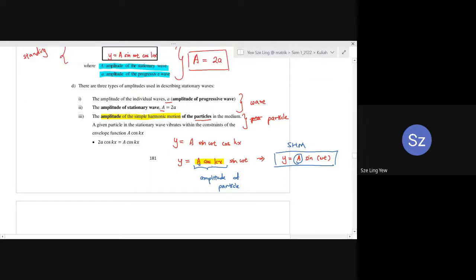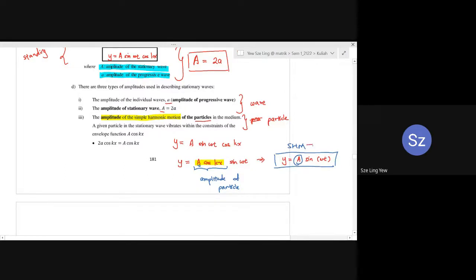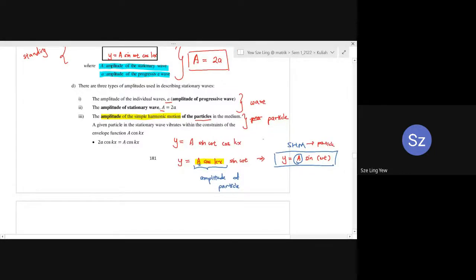Therefore, we say A cos kx is the amplitude of particle. Okay, we use simple harmonic motion to describe what happens to particles in a stationary wave. Therefore, when you compare these two equations, you will see that A cos kx is actually the amplitude of particles. Right? So three types of amplitude, understand?